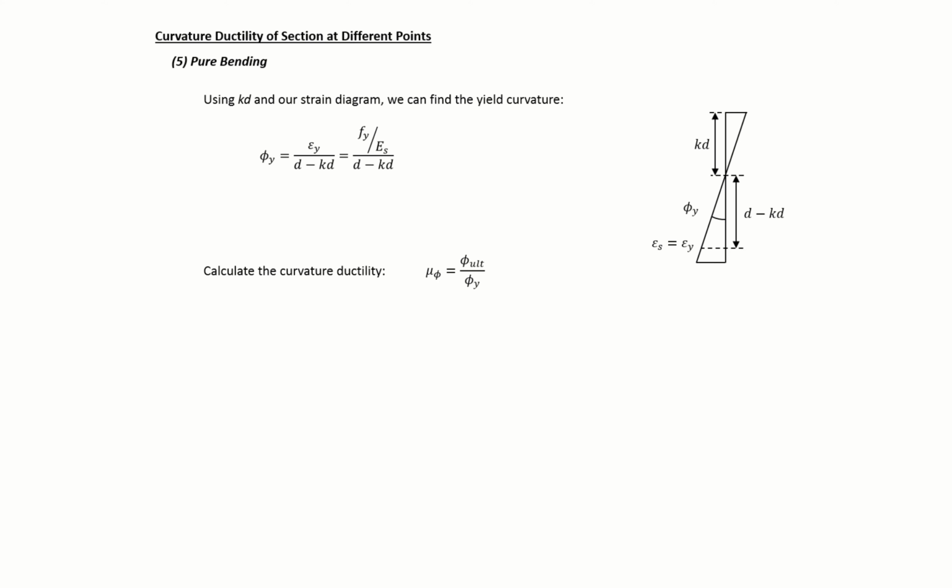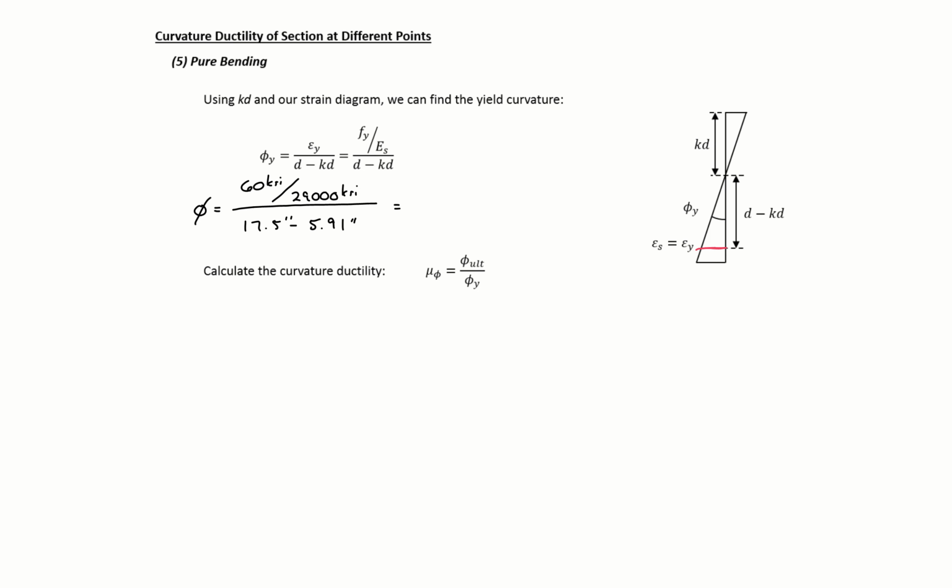Using this kd, we can calculate our yield curvature because we know the strain now at the location of our tension steel. So we'll have our yield curvature is equal to Fy, 60 ksi, divided by 29,000, divided by our d, 17.5, minus our kd, 5.91.